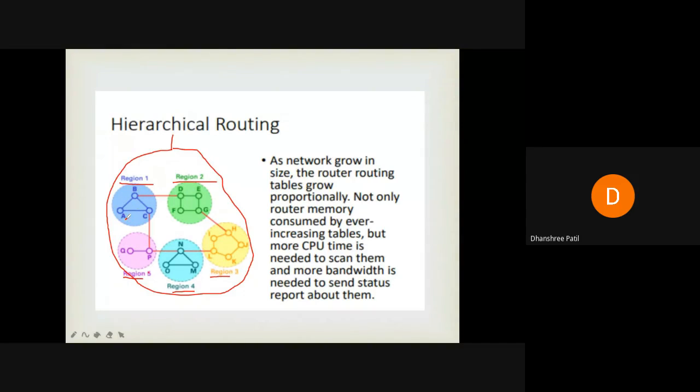Means A will have a routing table of only B and C. A is totally unaware of the routers D, E, F, G or I, L, whatever they are.